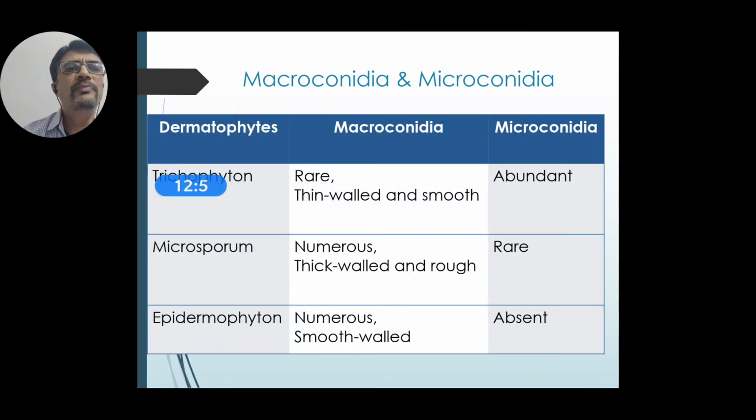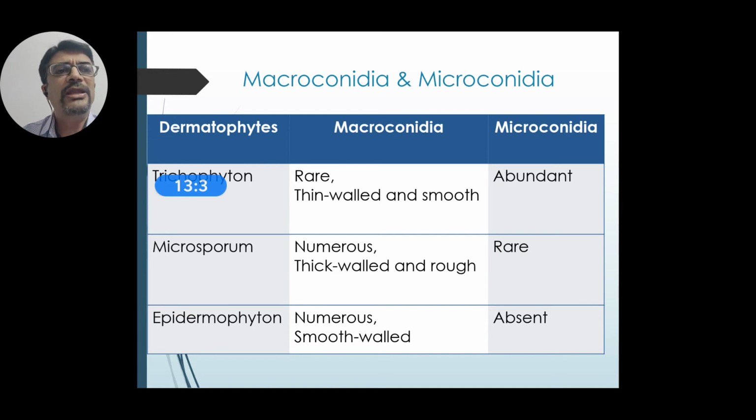In Trichophyton, the macroconidia would be rare. You will see them, but very rarely. It is not a common and constant feature, while microconidia are abundant, plenty of microconidia would be seen. In Microsporum, there are many macroconidia, and they are thick walled, and many times the wall is very rough, with some spiny thing on it.